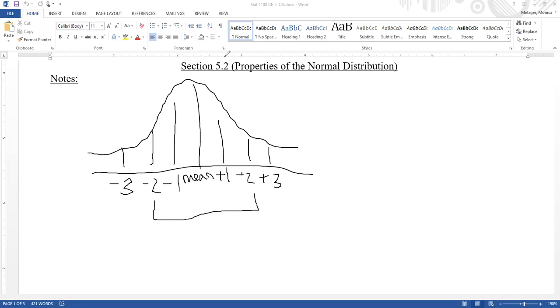And we know that within 2 standard deviations in each direction, we had 95% of our data. Well, what we can say then is anything that is more than 2 standard deviations in either direction would be considered to be an unusual value.